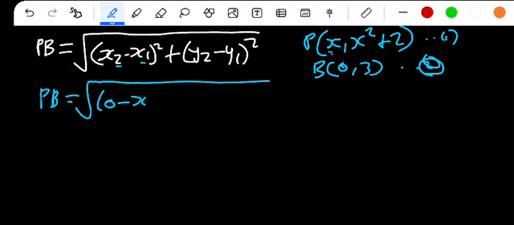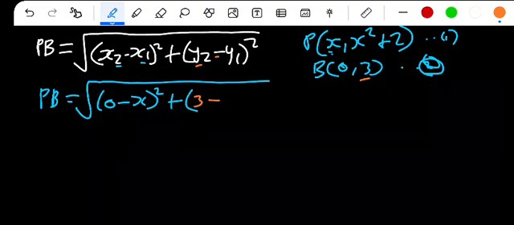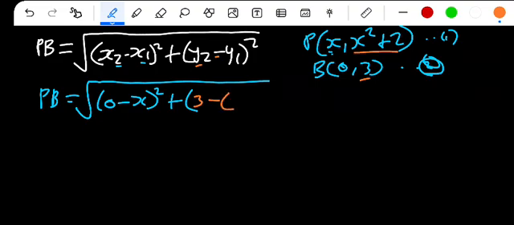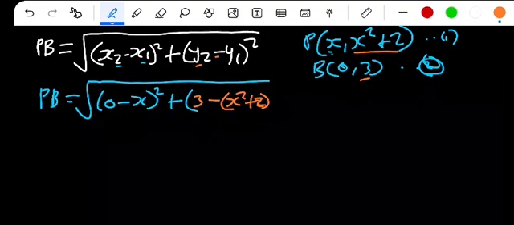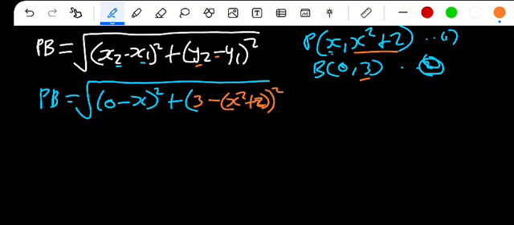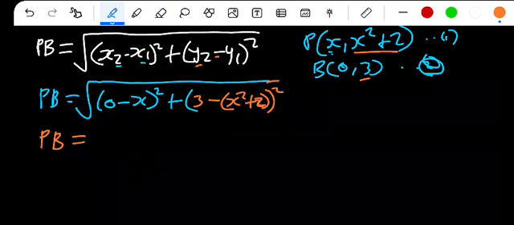We square this, plus y2, which is 3, minus y1. Since you have two terms, put brackets: x squared + 2. Do not forget to put that square again. We square that. We have this now. All right, then the distance PB is equal to the square root.